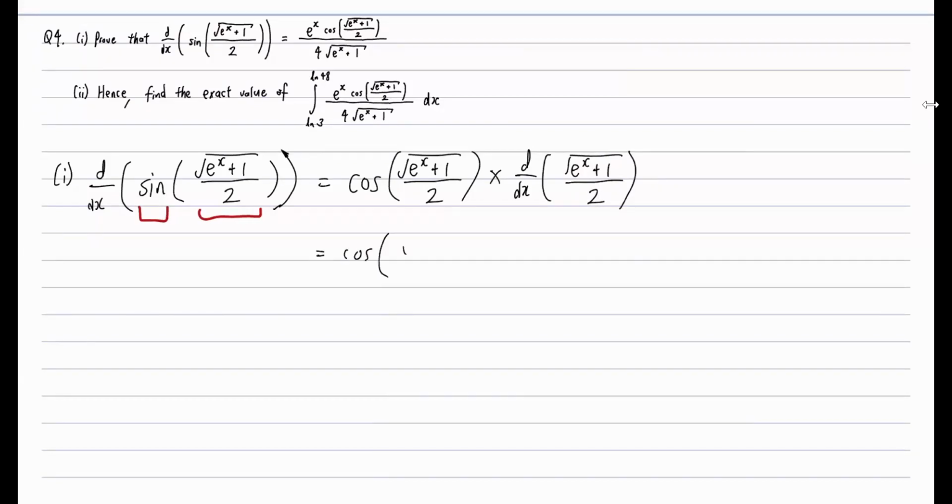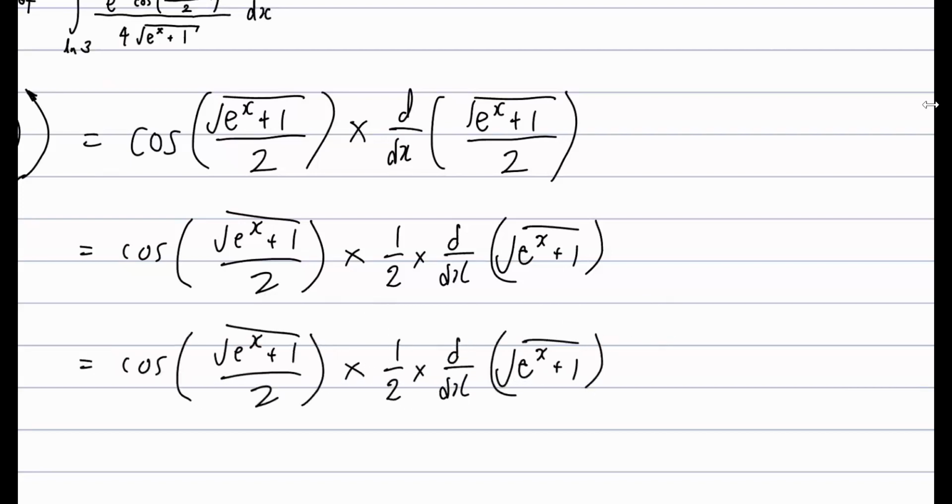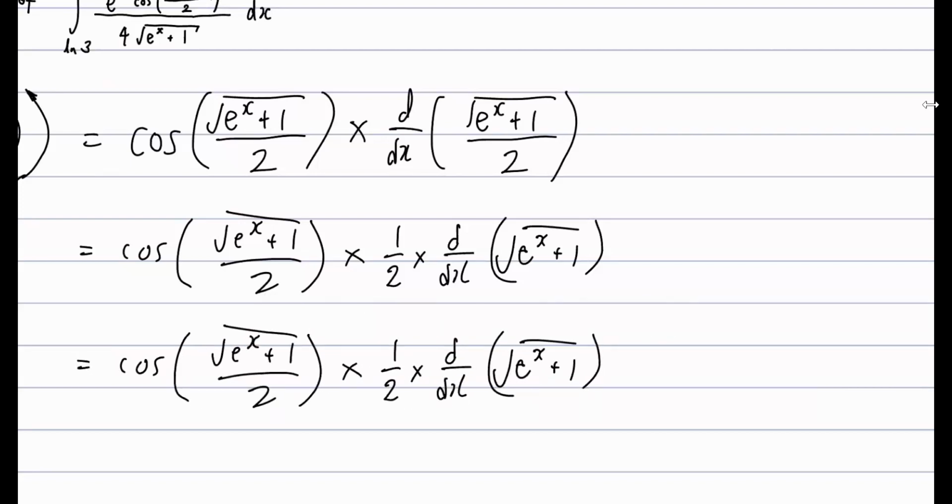Cosine, leave it alone. Multiply by derivative of this guy. How to differentiate this one? Bring out half first, then you're left with derivative of square root e power x plus 1. So next line, differentiate square root e power x plus 1.